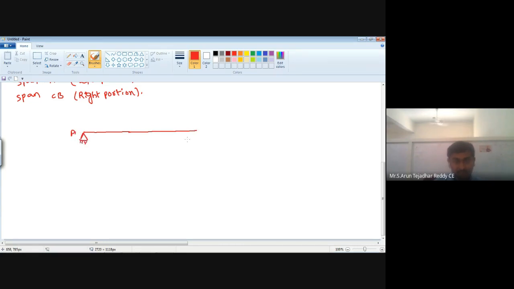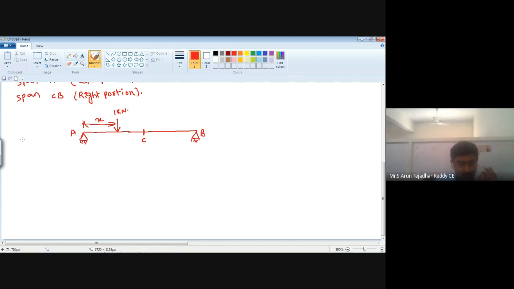This is A, this is B, and here we have a point C. At this point we can calculate our shear force at C, and from point A at a distance of x, we have a 1 kilonewton load acting. Up to here clear?